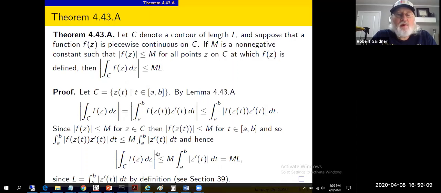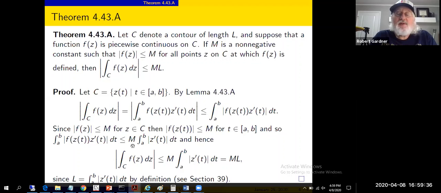So we can rewrite this integral from a to b of the modulus of f of z times z prime of t. We've got the bound of M. This is a result from calculus, probably calculus 1. We've replaced the integrand by a larger function, monotonicity of the integral, as it's likely called in calculus 1.